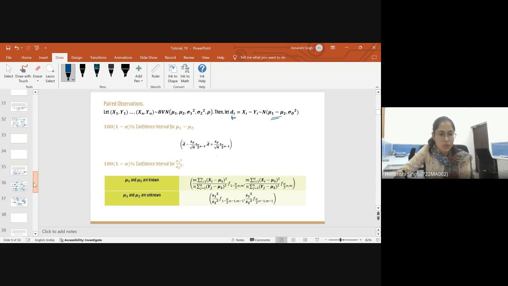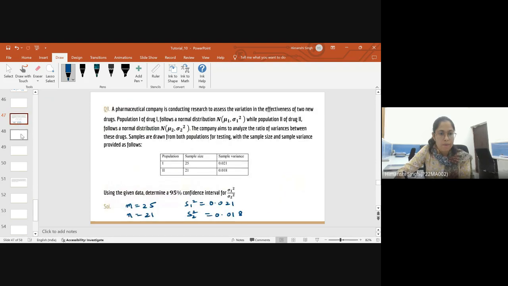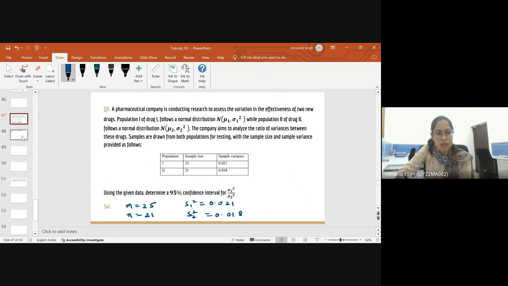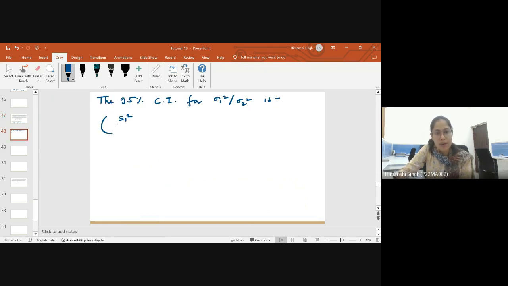So the 95% confidence interval for sigma1 square by sigma2 square is s1 square by s2 square, F of 1 minus alpha by 2 comma n minus 1 comma m minus 1.